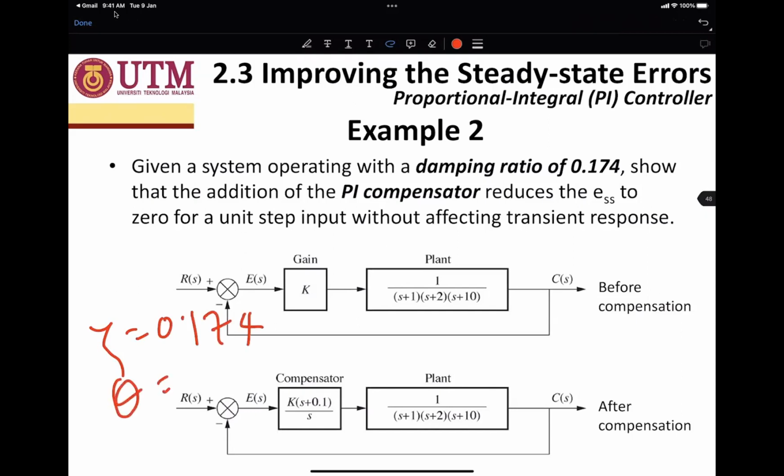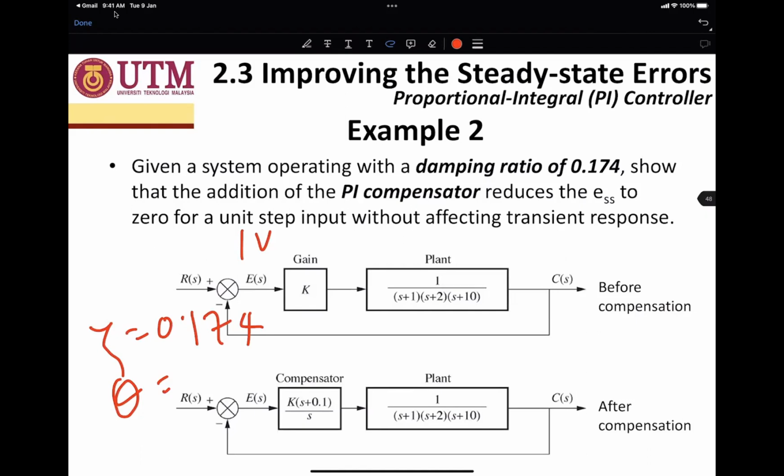Show that the addition of the PI controller reduces the steady-state error to 0 for a unit step input, 1 volt, without affecting the transient response, meaning the transient response is still as fast as previously, right?